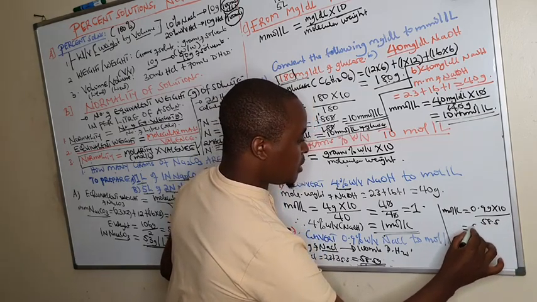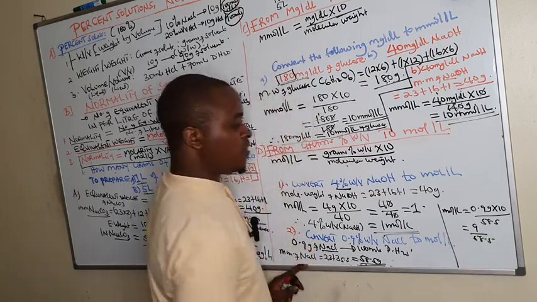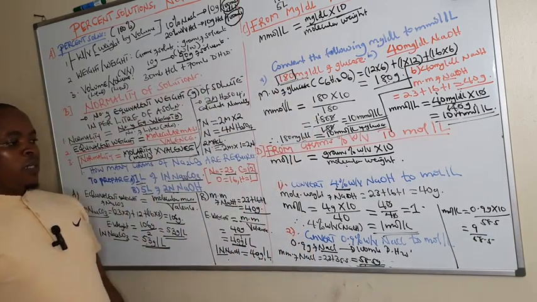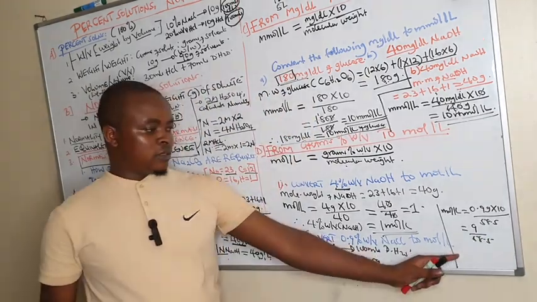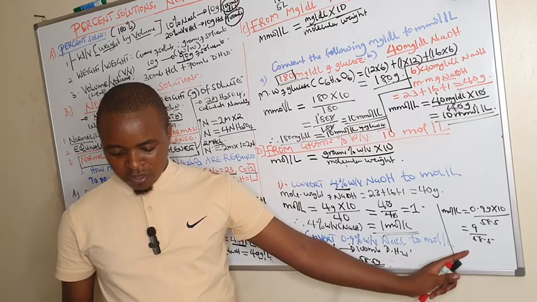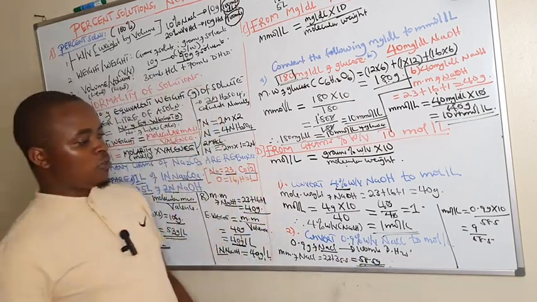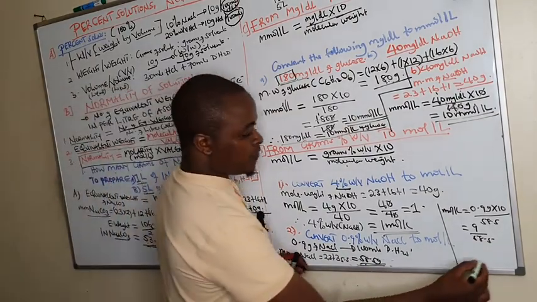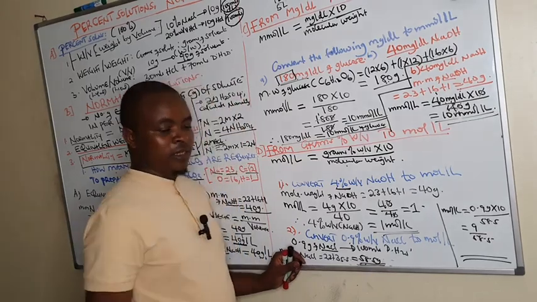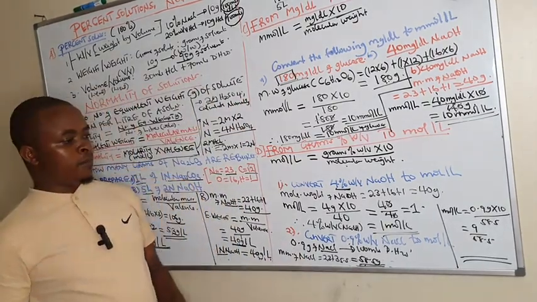Then you end up getting 9 divided by 58.5, and you are able to get the answer, which is in 0 point something. You can easily get the final answer when you have the calculator.